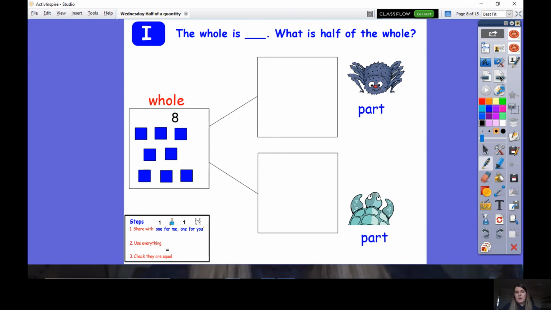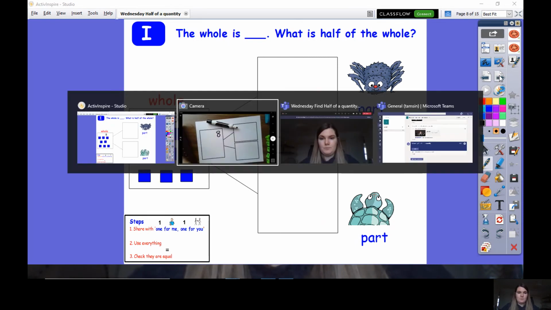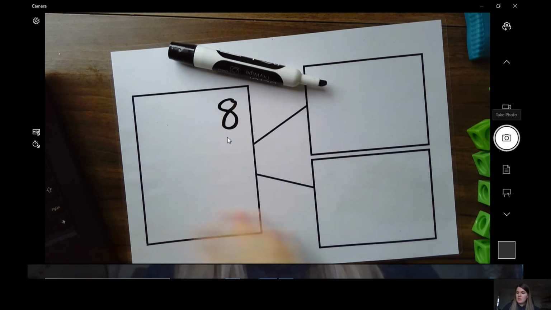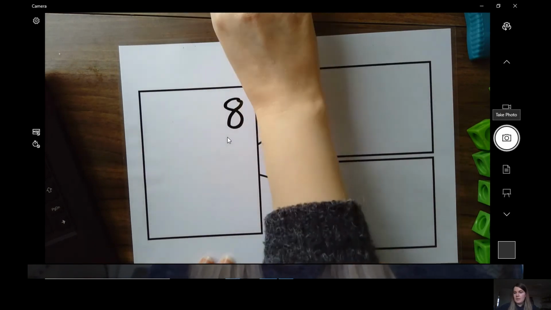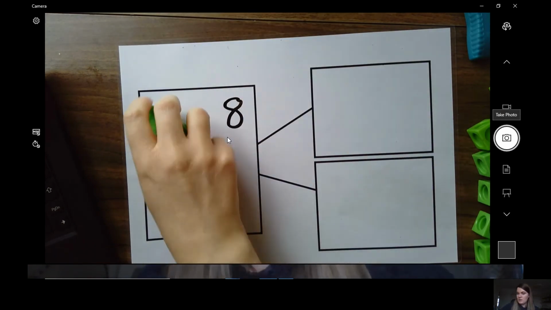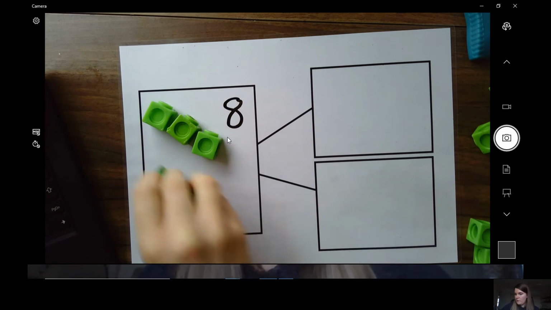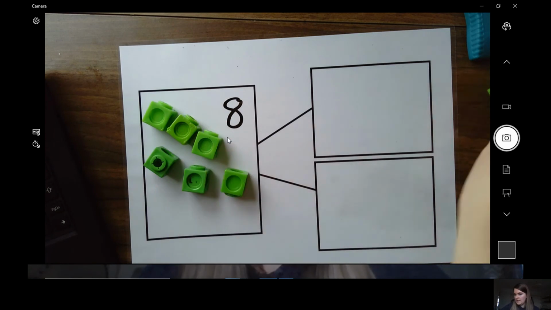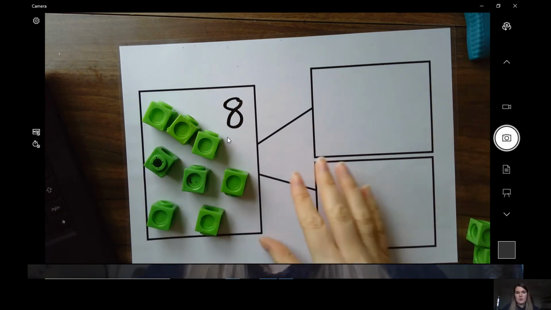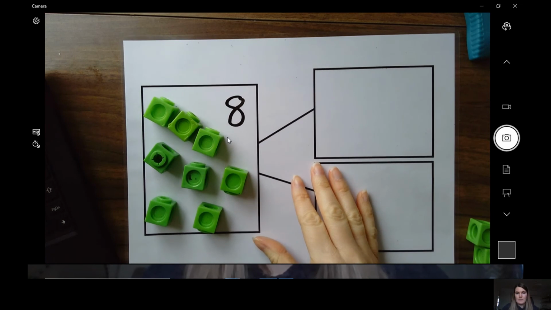So my whole goes in the big square. I'm going to write my whole in the big square, like so. My whole is 8. So I need to make sure I get 8. 1, 2, 3, 4, 5, 6, 7, 8. I've got 8 cubes.